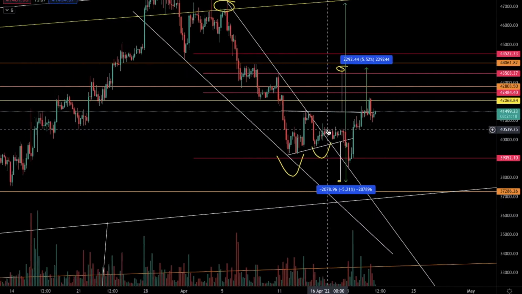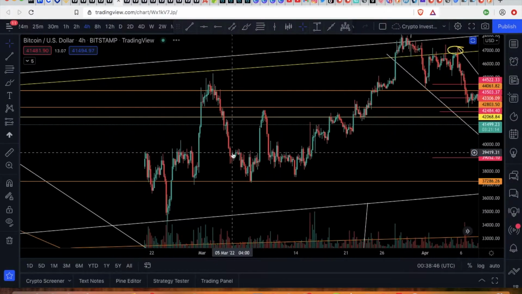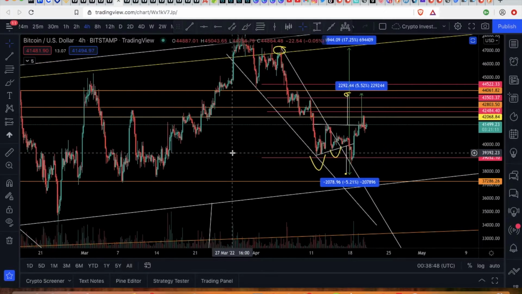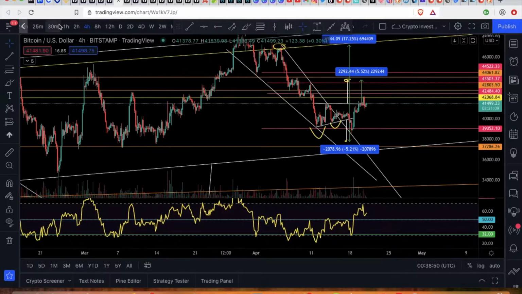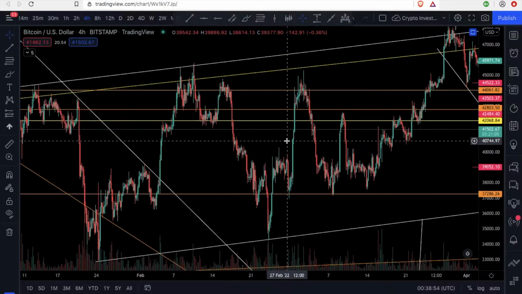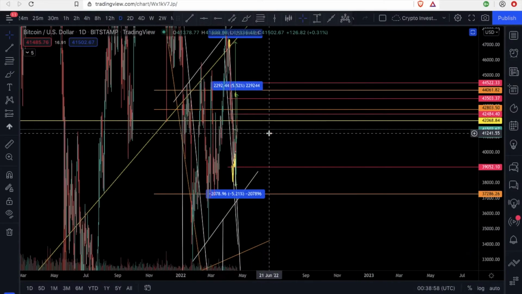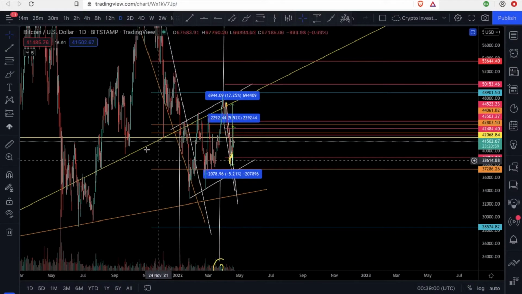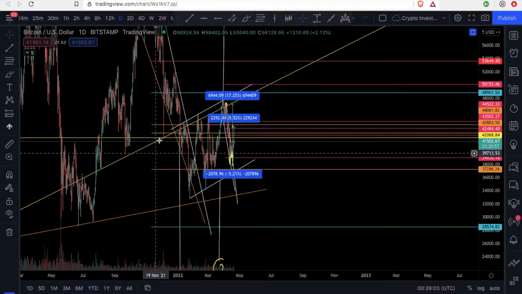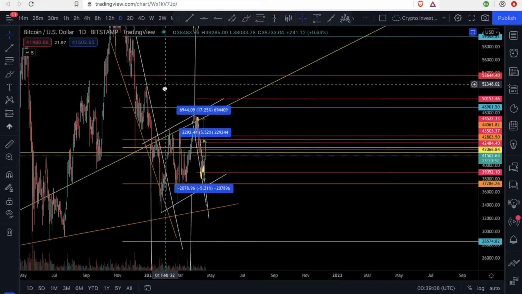First, I just want to say that I'm going to change these lines over here just to make it easier to navigate for the people who haven't seen this part before, which will be the Fibonacci retracements. I'm going to show you where I was drawing the Fibonacci retracements. You see these orange lines here, those are the Fibonacci retracements.